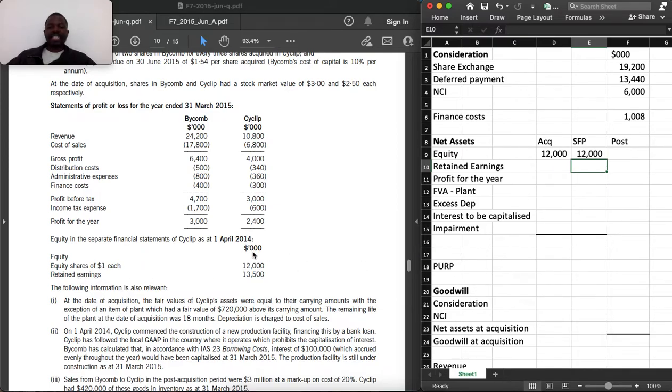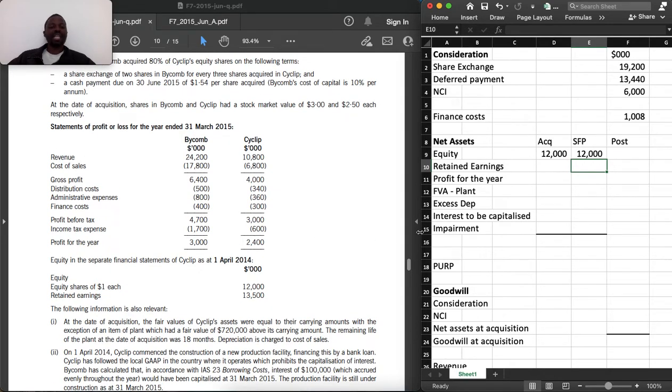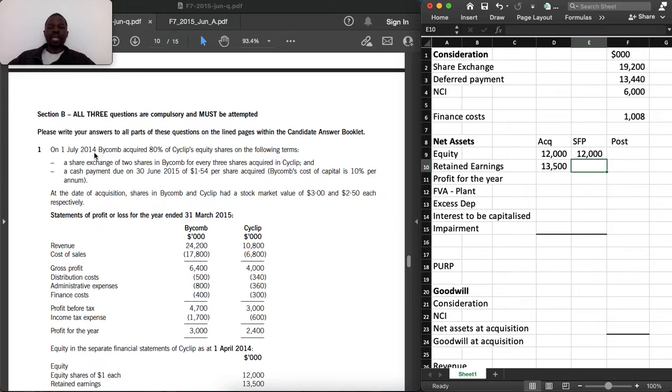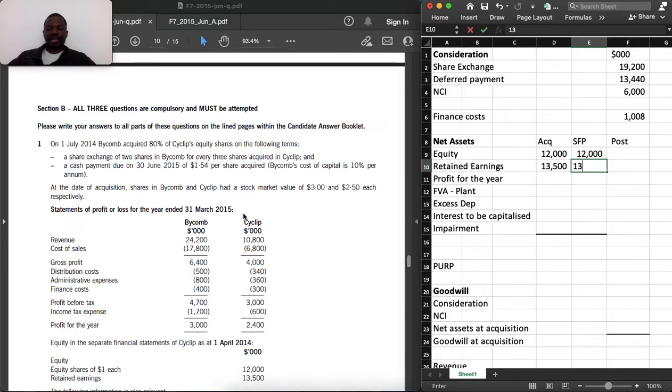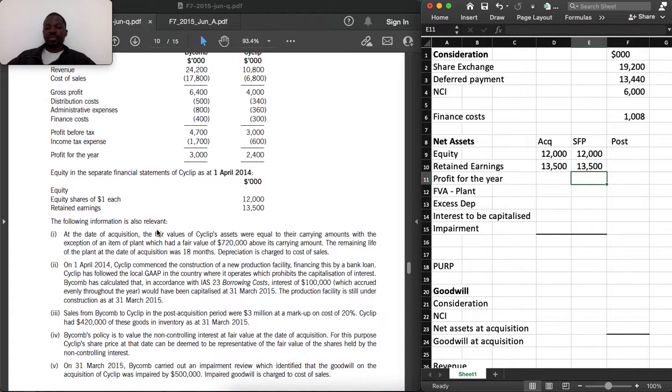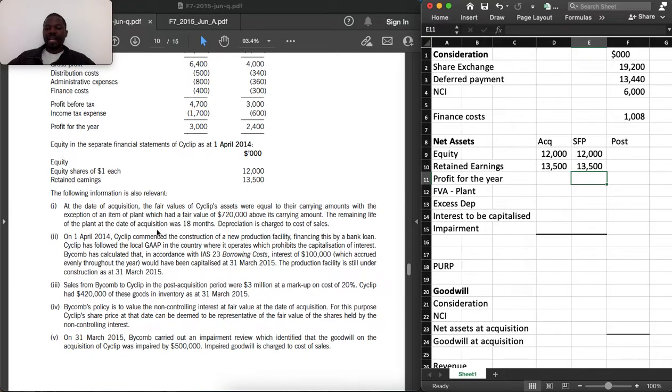We have got retained earnings at the beginning of the year. That's not the acquisition date. So we'll put those retained earnings like that because they are before 1 July. 13,000. They are before the acquisition date. Then, as this was acquired during the year which starts at 1 April 2014, as this is mid-year, we need to see how profits are accruing.